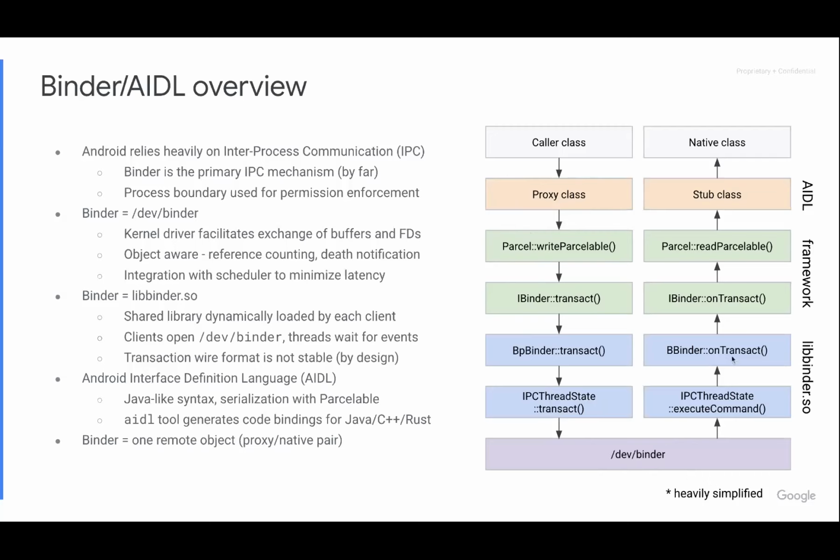On the other side, it's deserialized until it hits this stub class, which is just an abstract Java class that somebody needs to implement. And the actual implementation is called a native class.